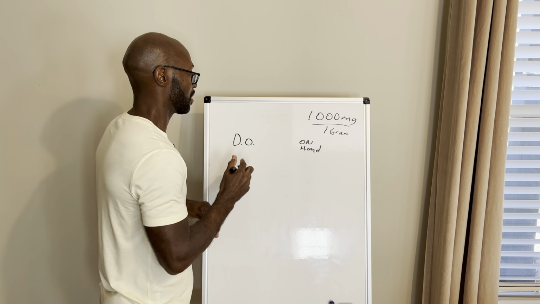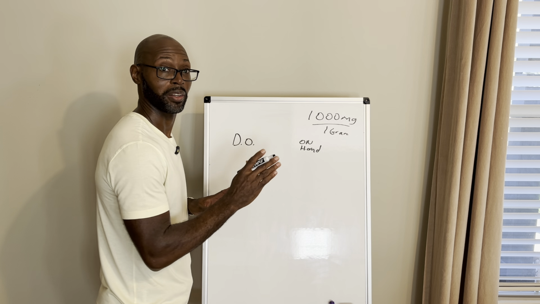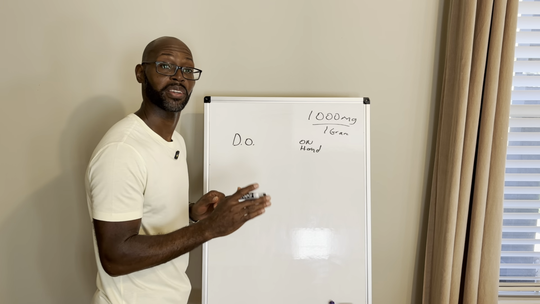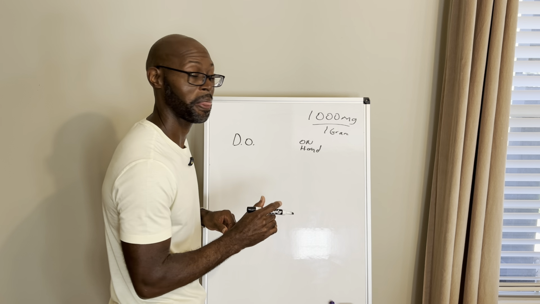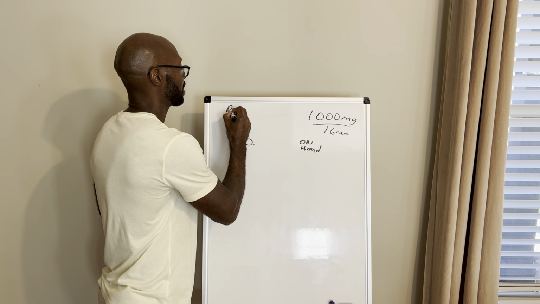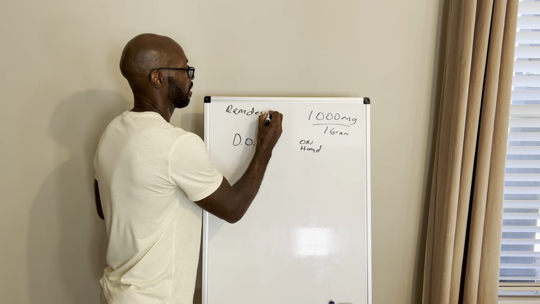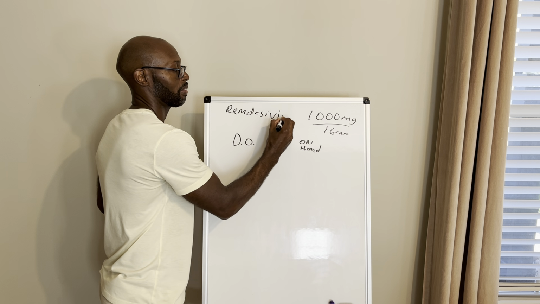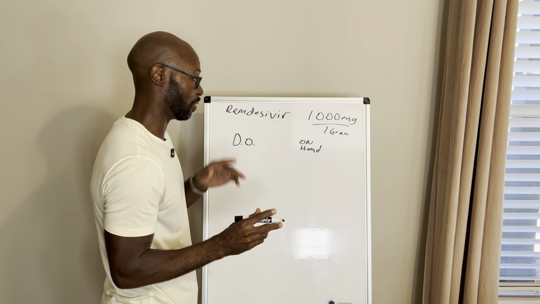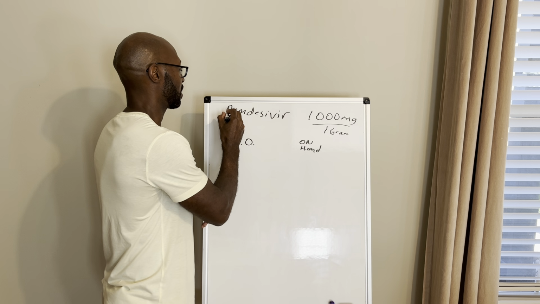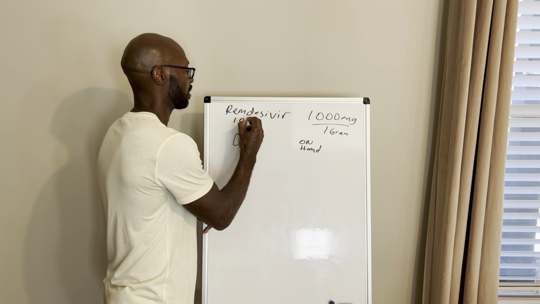So today I want to work with a medication that we use, of course, and you probably heard of. It's called remdesivir, okay? Remdesivir is used for COVID, okay? So this medication comes in 100 milligrams, okay?